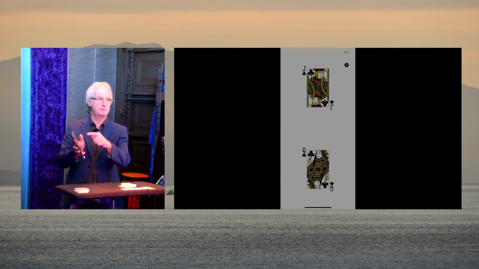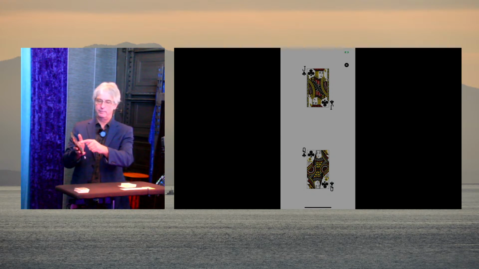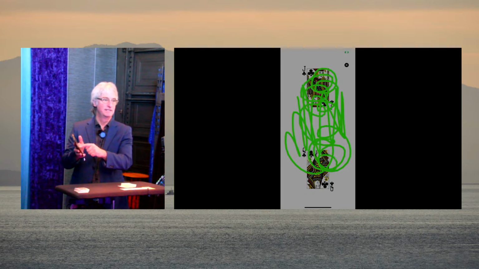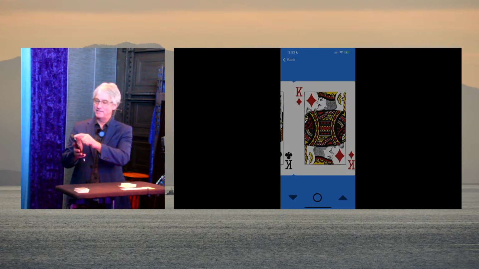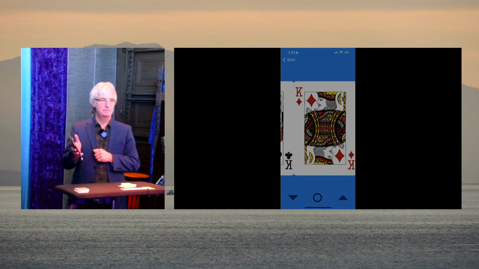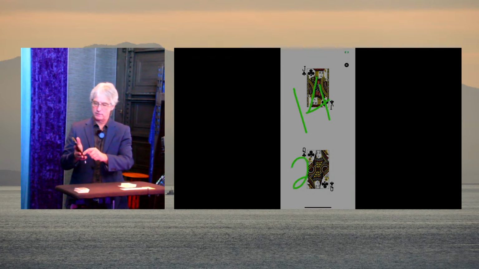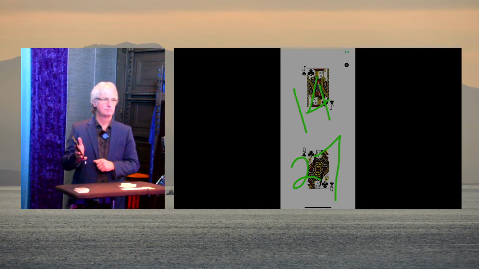So what I'm going to do is I'm going to draw on this page. And when I draw on this page, so to speak, why do I call it a page? It's a screen. But anyway, as I draw on that, it produces green ink, so to speak. And so I tap the circle, and I'm looking for 2 numbers that appear. And then I'm going to write those numbers, 14 and 27.